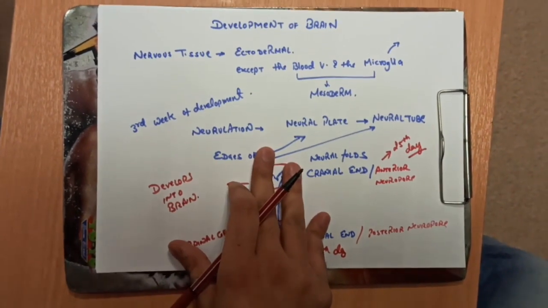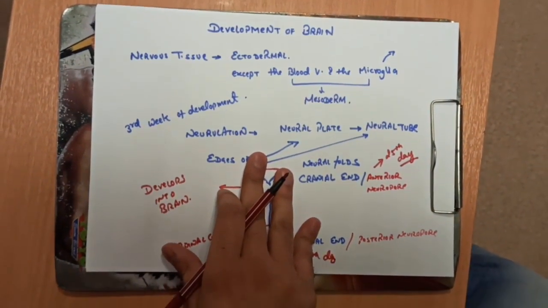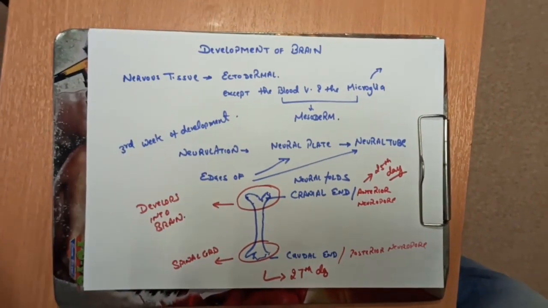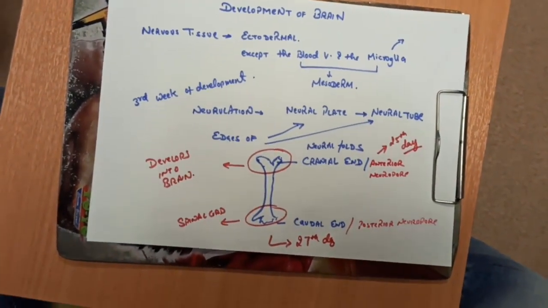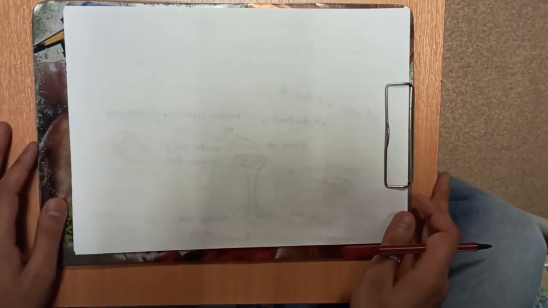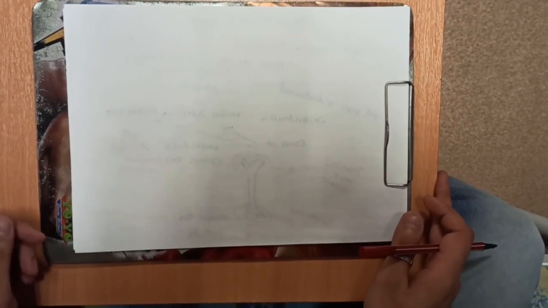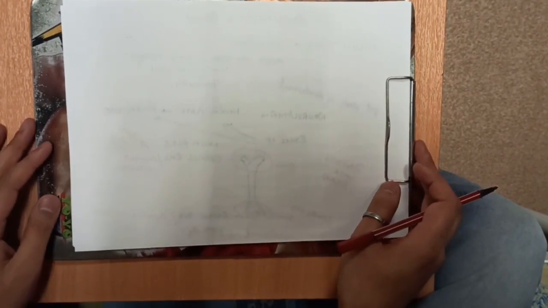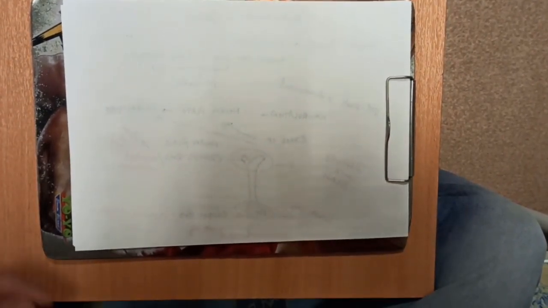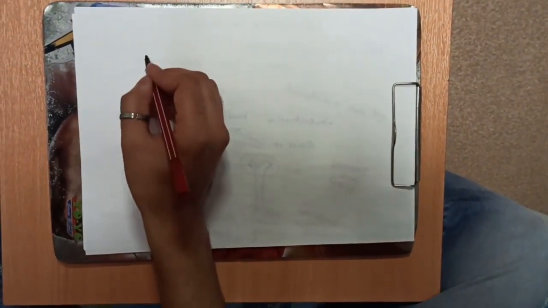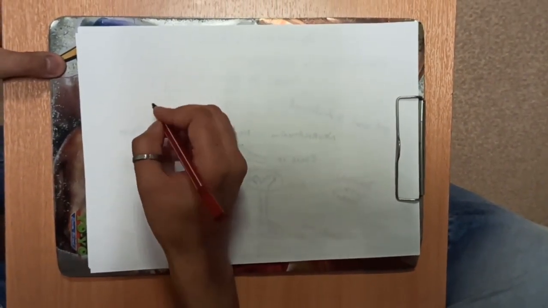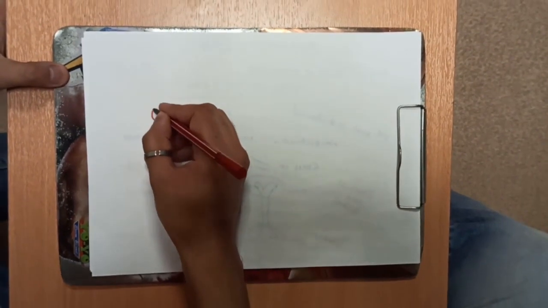Now I'll tell you how these structures are made, or how the development of the brain continues. As the neural tube finally closes, the anterior neuropore closes on the 25th day and the posterior neuropore on the 27th day. The cranial part which gets enlarged results in the formation of 3 primary vesicles.